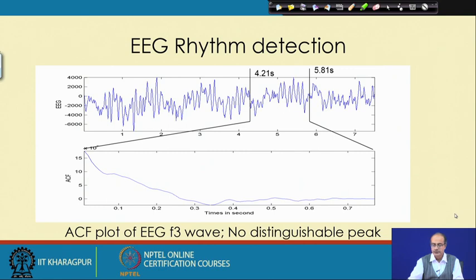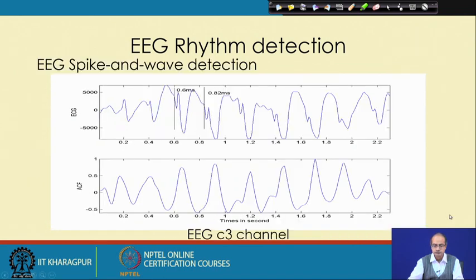Now, let us look at more examples. Now, we will go for the cross correlation. Here, instead of going for predominant rhythms like alpha, we are taking a long duration discrete event, that is spike and wave detection. That is a particular kind of shape.